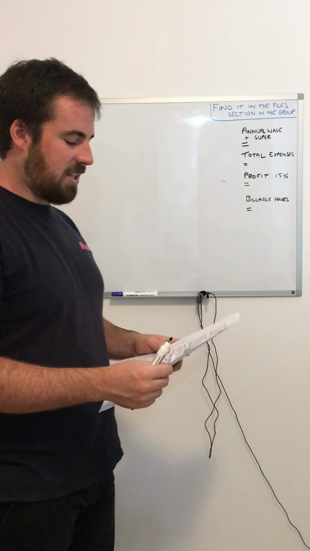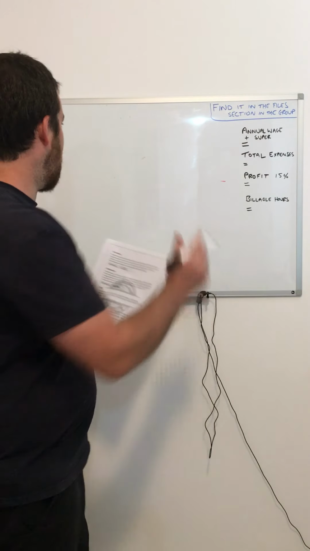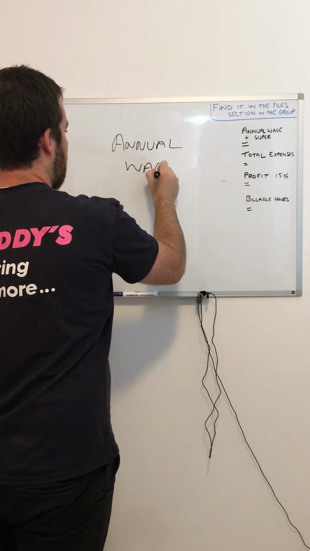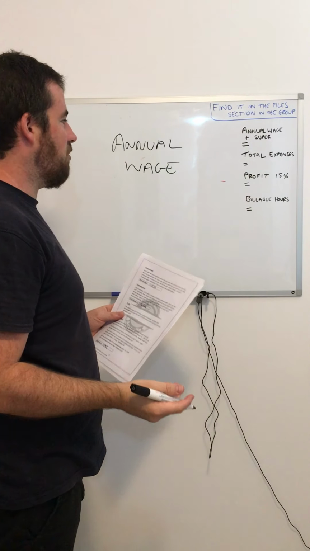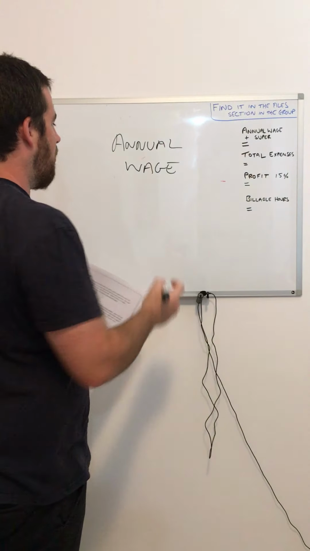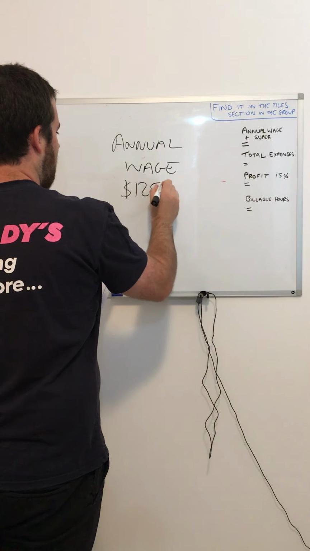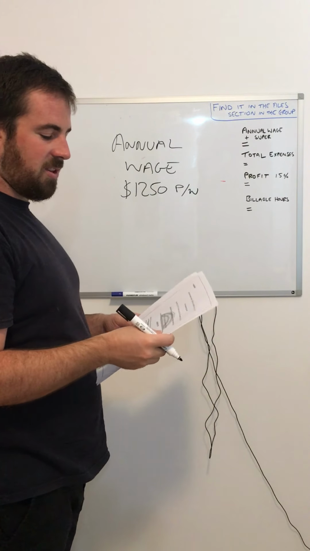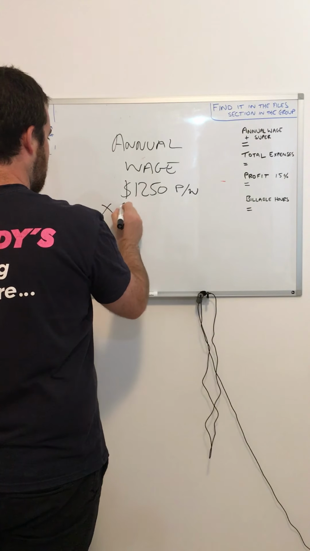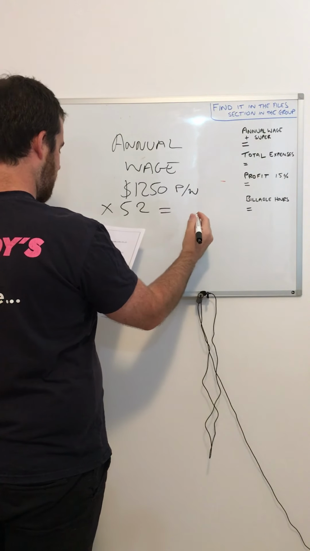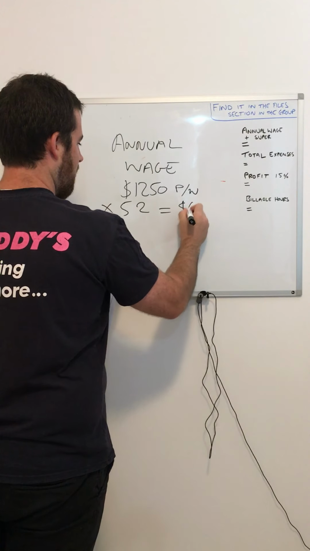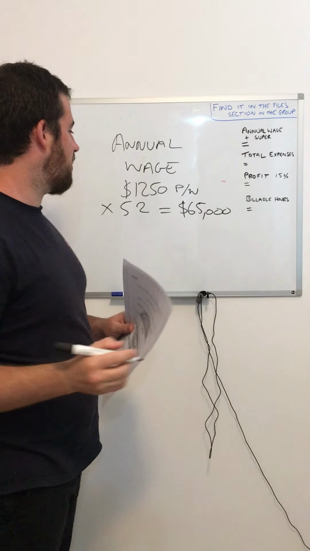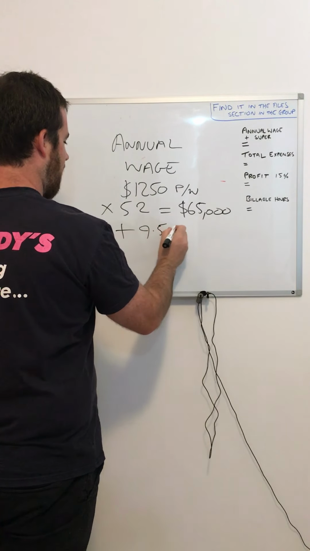Okay, so as an example, we're going to say our annual wage, we're going to say we want to take home $12.50 a week before tax, so $12.50 per week, and so times 52 weeks equals 65 grand, and then we want to also pay our own super, so plus 9.5%.